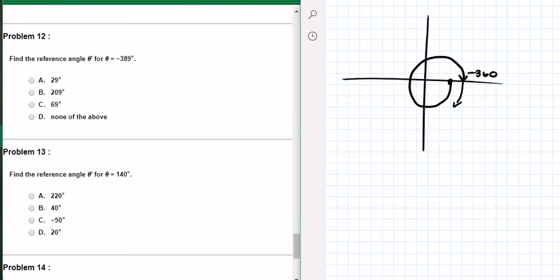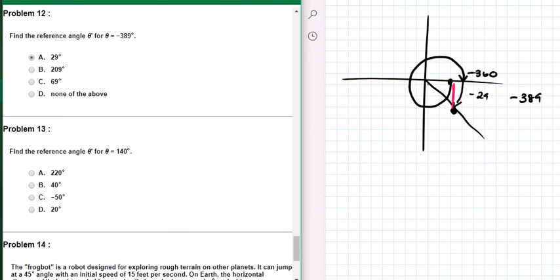So here is 29, an additional negative 29, which is a grand total of negative 389. So here is my terminal side. It is in my fourth quadrant. And exactly how I drew that out actually helps me. So my reference angle here is that 29 degrees.